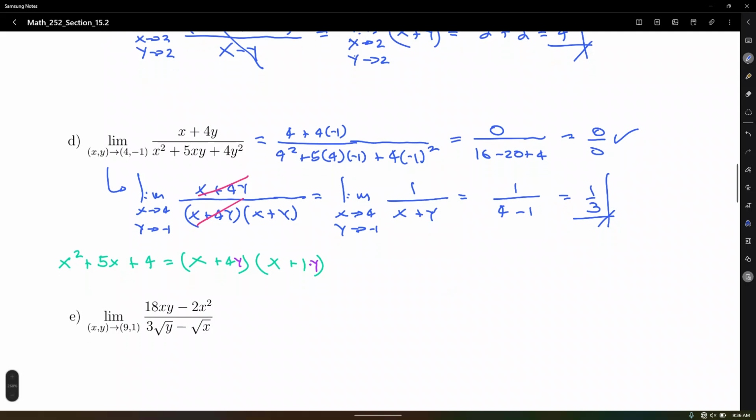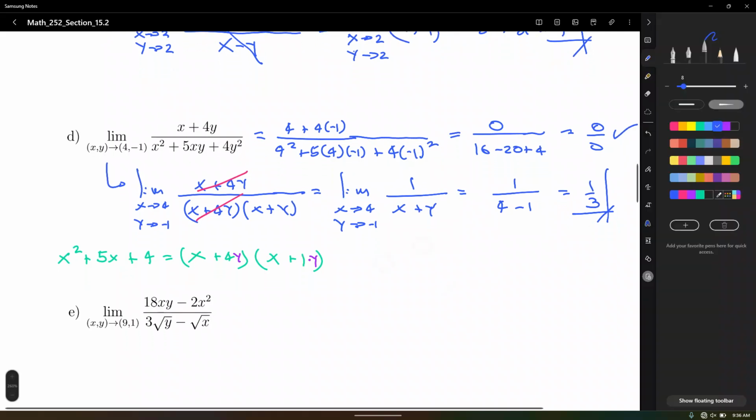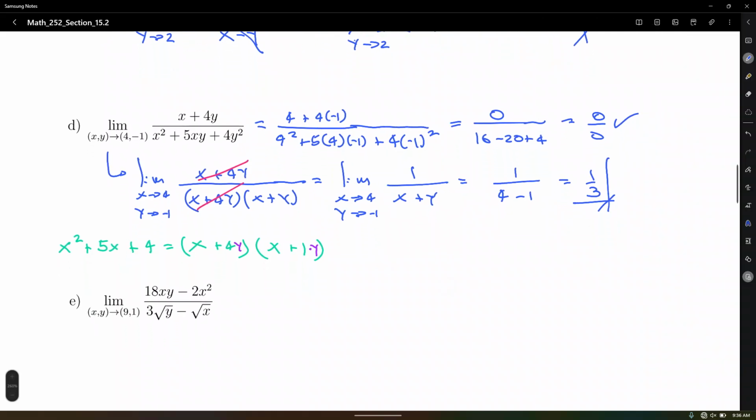Again, direct substitution. That's going to give us 18 times x, which is 9, times y, which is 1, minus 2 times x, careful, it's 9 squared, everything divided by 3 times the square root of y, which is 1, minus the square root of x, which is 9, the square root of 9.